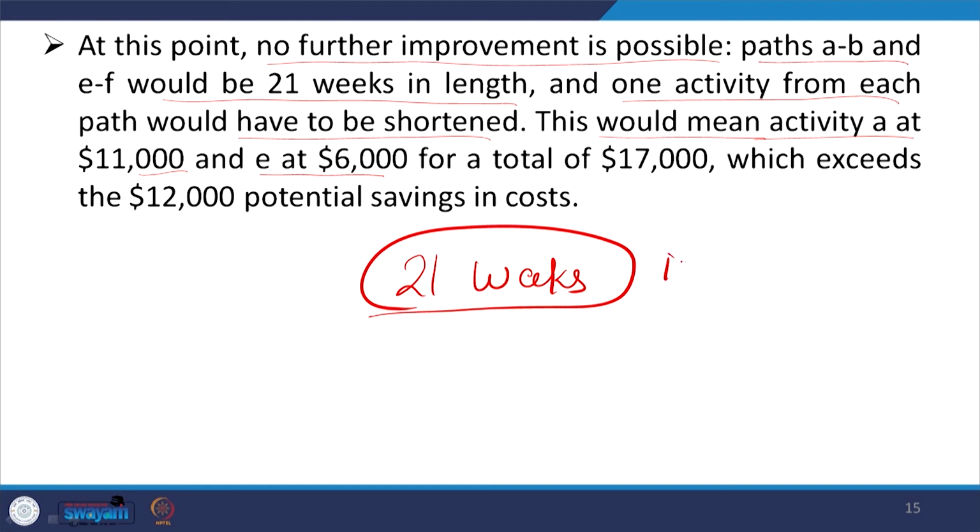is the time to complete the project, and that we achieved by applying the concept of crashing into our projects, that is, how much benefit you are having by reducing the duration per week and how much additional investment you have to do for shortening the activities.